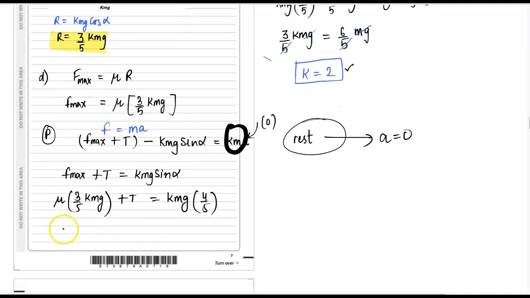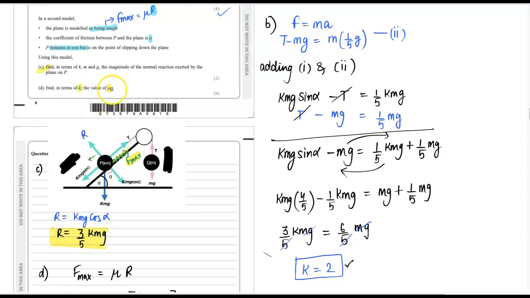Everything is fine. So 3/5 of mu mg plus T equals 4/5 of kmg. Actually, everything is fine. The only thing is this T. How will we solve for T? We just need to get rid of T, isn't it? It's not asking us to find the value in terms of T.